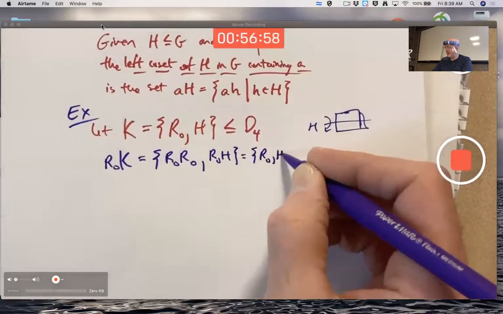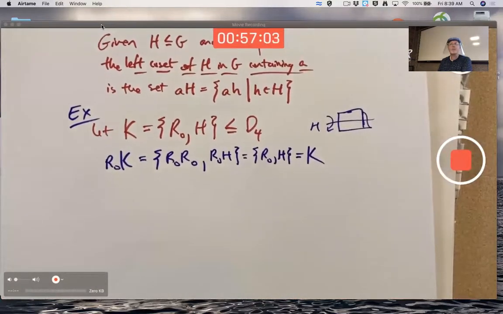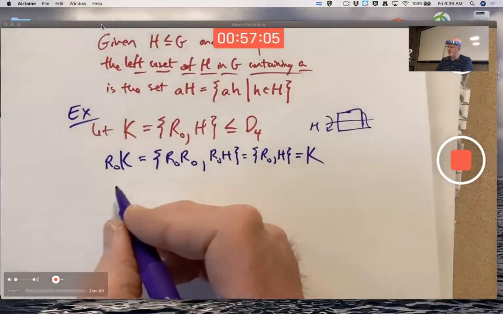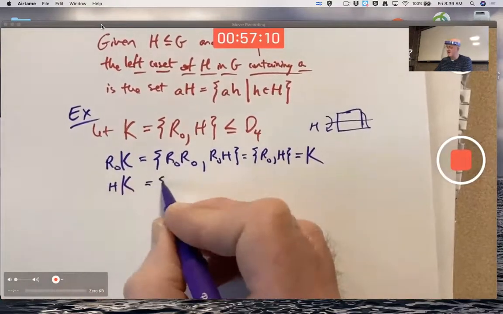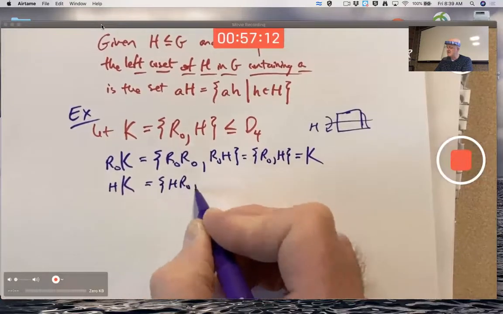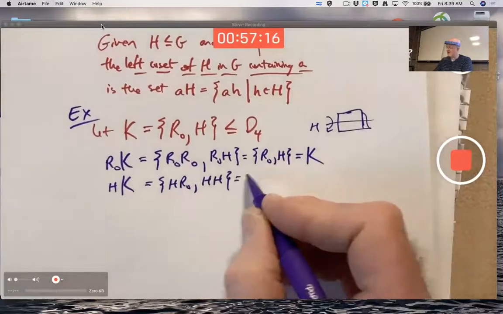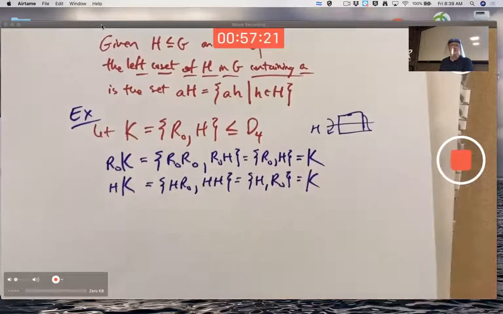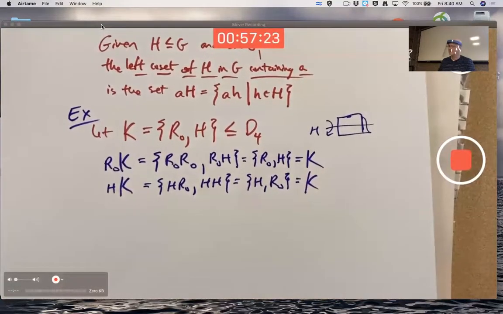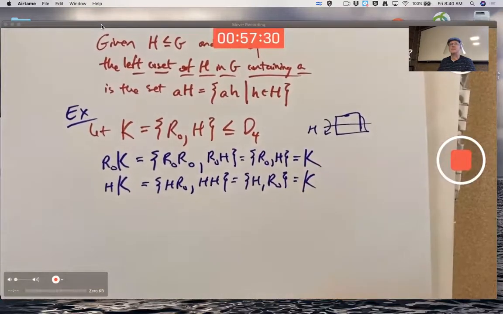This just gives us K back. What if I did HK, make the H small and the K big? That would be this set, but that's also equal to K. Right? With sets, it doesn't matter what order you put the elements. These are the same sets, they've got the same elements.